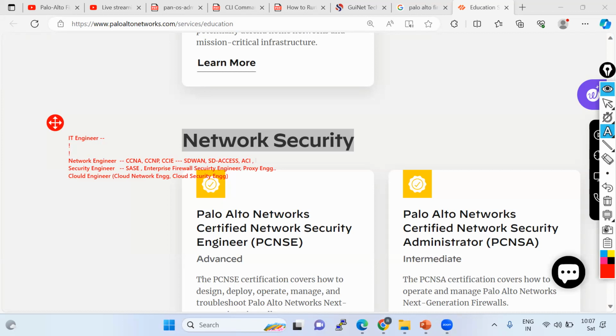Some engineers also do data center courses, so data center is also there. So in network engineering we have multiple flavors. If you are good with CCNA, you should pursue your career in CCNP; if you are good in CCNP, you pursue CCIE. And while doing this whole journey, you just have to learn.